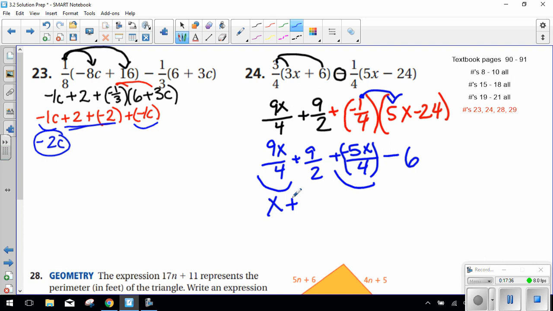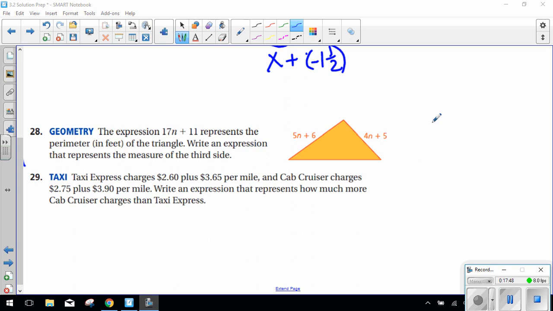And you can use the x10n button, second x10n, and that'll be converted to negative 1 1/2. So there's number 24.